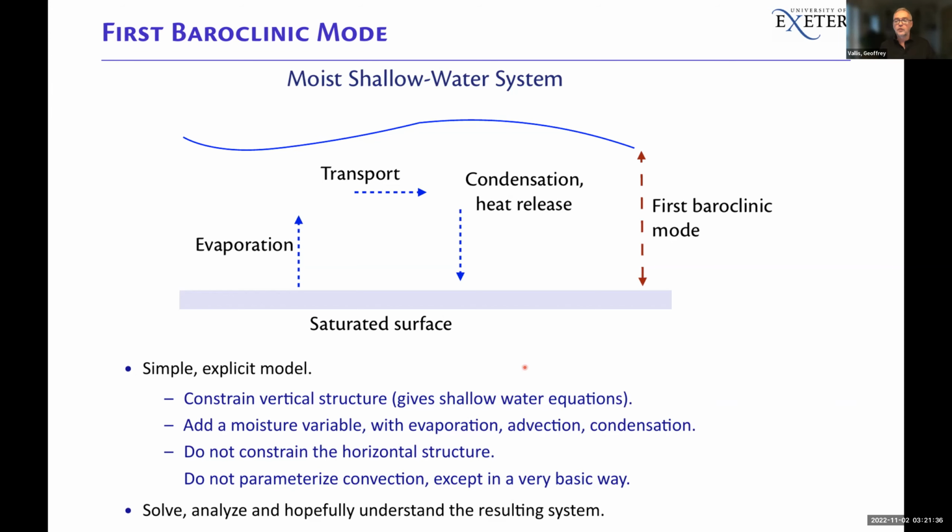And so that's what we'll use. So if you do have this relatively simple vertical structure, which I will posit, you can model it with the shallow water equations. But then I'll add a moisture variable to it, which is where all the fun begins. I won't constrain the horizontal structure, and I won't parameterize convection except in a rather basic way. And I'm going to try and then analyze and hopefully understand the system.